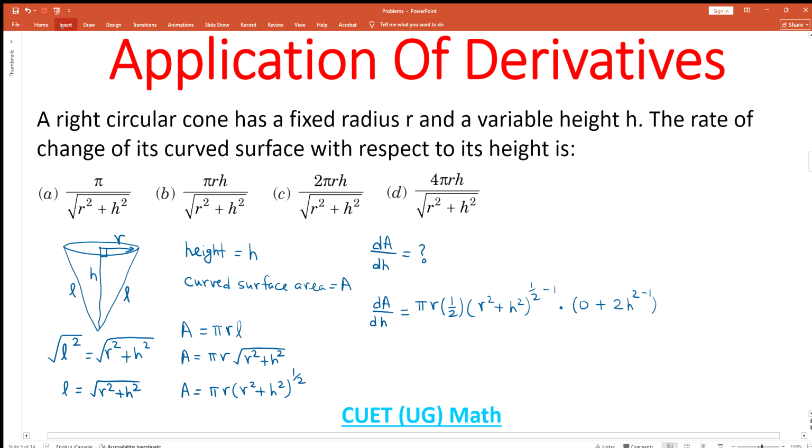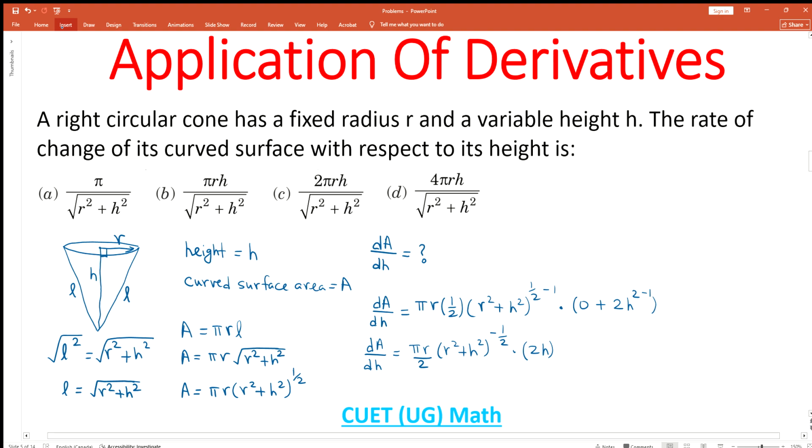Now we can simplify the expression on the right side. Pi r times half is equal to pi r over 2. In the exponent, half minus 1 is equal to negative half. Next, we can multiply the terms.